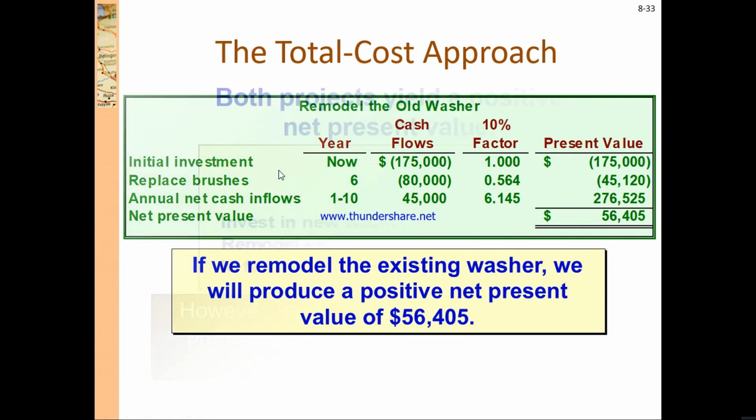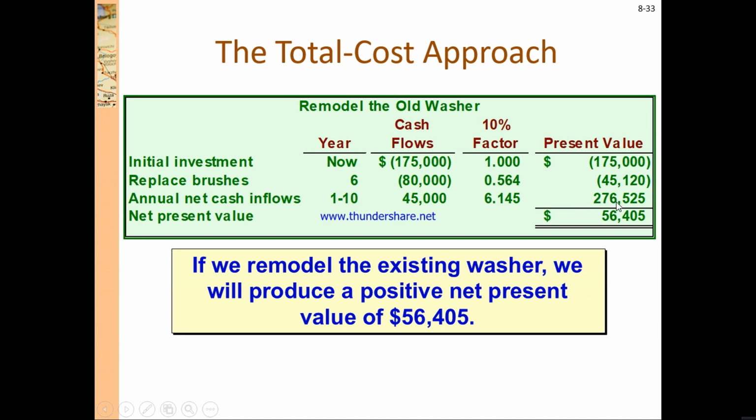Remodel of the washer. Initial investment in this case 175,000. That means cash outflow, as now means 1. So the initial present value in this case is 175,000, and replace brushes at 6 years. That means the present value factor at the end of 6 years is 0.564. So the figure will be 45,120. In this case, for years 1 to 10, the cumulative present value factor at 10% at the end of the 10th year is 6.145. The annual cash inflow here for the old washer is 45,000.